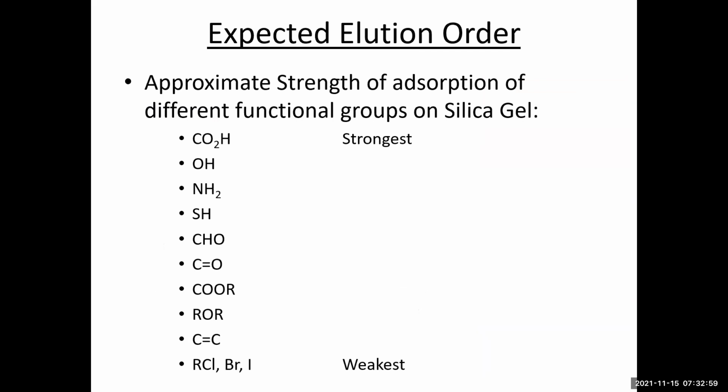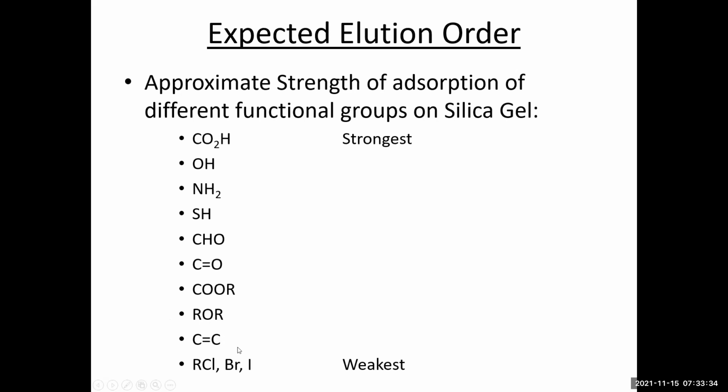Okay, so let's talk about compounds with different functional groups. How well will they bind on average with silica gel? If you notice, the compounds that have the strongest affinity for silica gel are compounds that not only can hydrogen bond, but are very polar overall with oxygen and nitrogen atoms. Then moving on to compounds that don't hydrogen bond, but still have oxygen and therefore are fairly moderately polar.